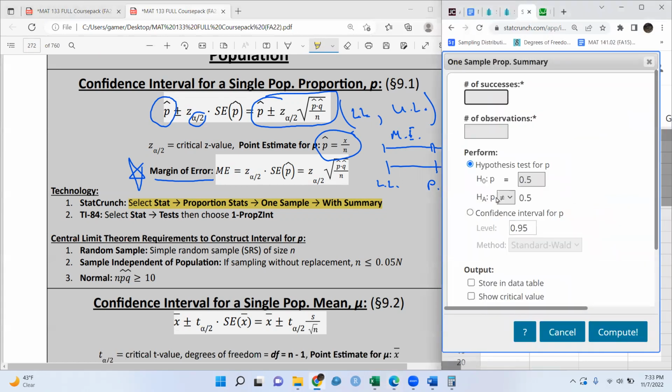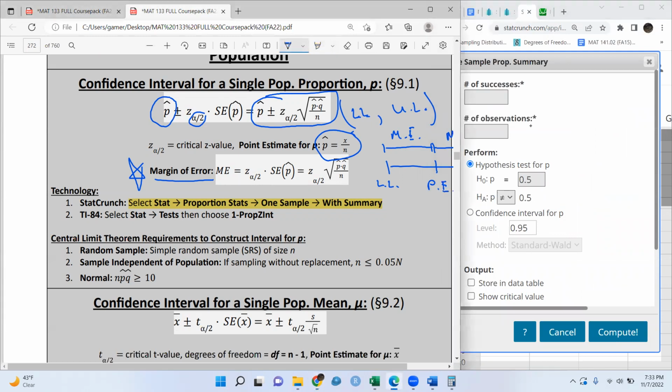When you click that, notice there's only two things you need: number of successes and number of observations. Unfortunately, we haven't clearly labeled what these things are. So I told the morning class to do this, and I'm going to tell you all as well. You might as well write here in your notes, x equals number of successes.